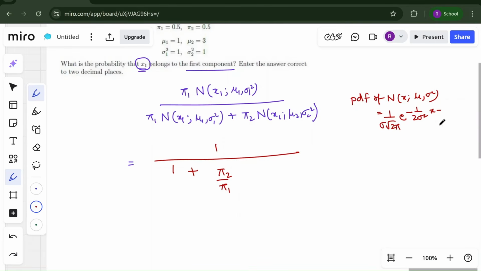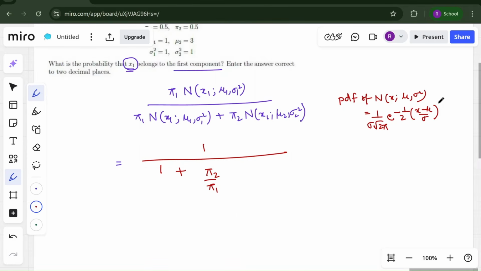Or let me rewrite it as e to the power minus 1 by 2 times ((x minus mu) by sigma) whole square, okay? In the numerator you will have 1 by sigma 1 under root of 2 pi. In the denominator also you will have 1 by sigma 2 under root of 2 pi.